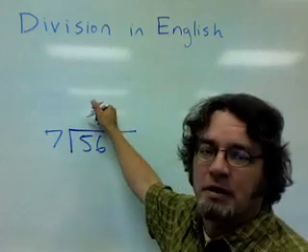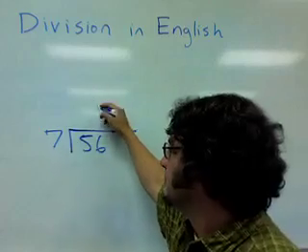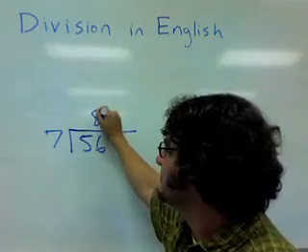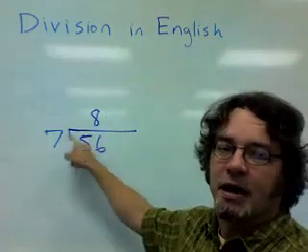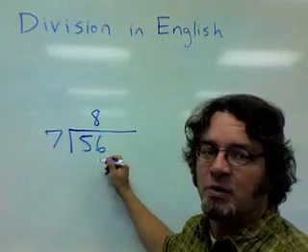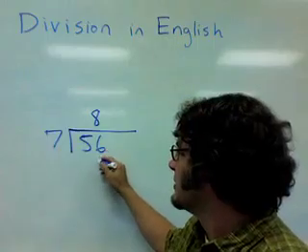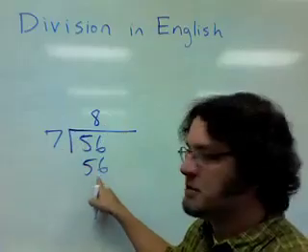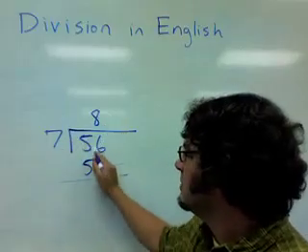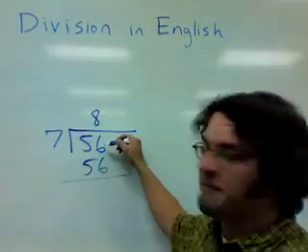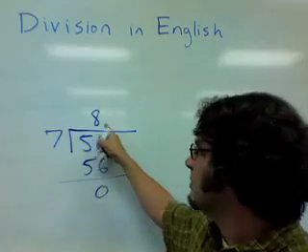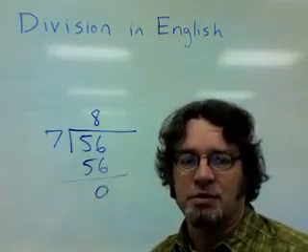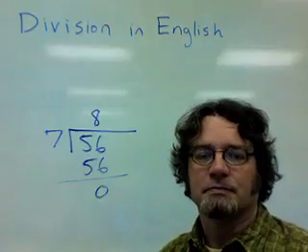So if I say it's 8, 8 times 7 equals 56. And then I put this here, and then you subtract this number from this number, it comes out to 0, so you know that the answer is 8.